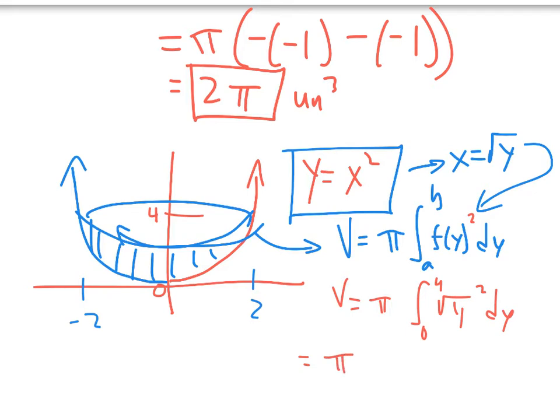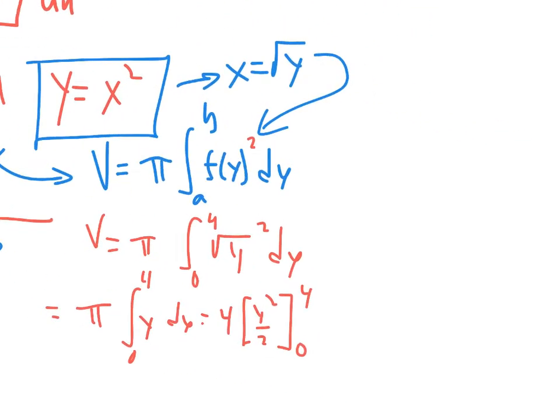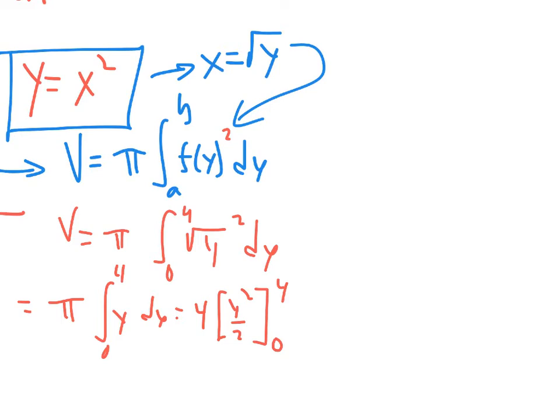So this is going to be the integral of y from 0 to 4 dy. And so that's just going to be y squared over 2 evaluated from 0 to 4. And that's going to be 4 squared over 2 minus 0 squared over 2.